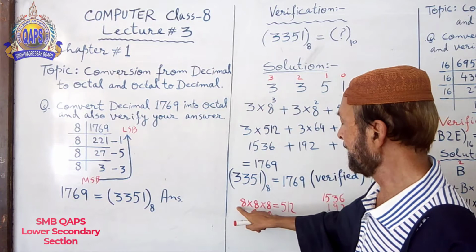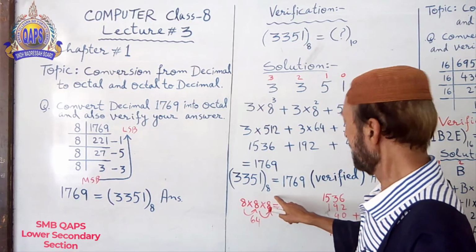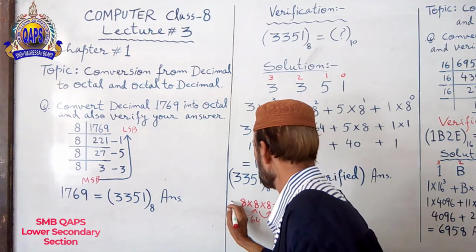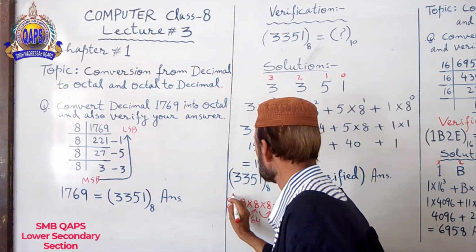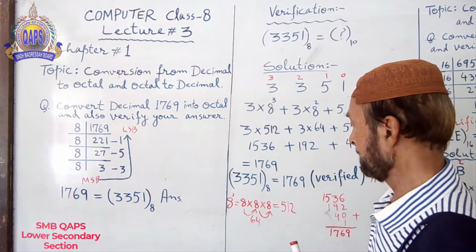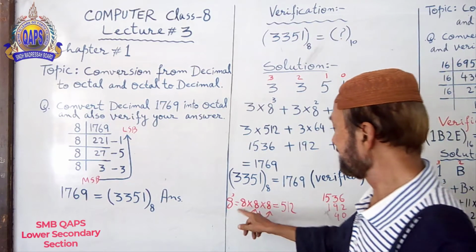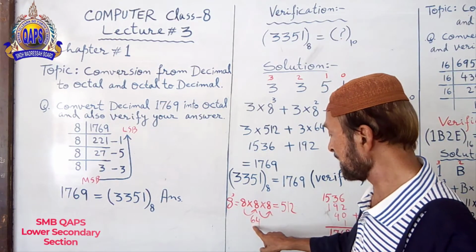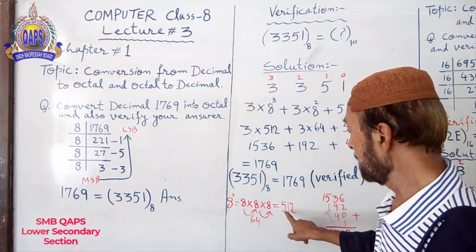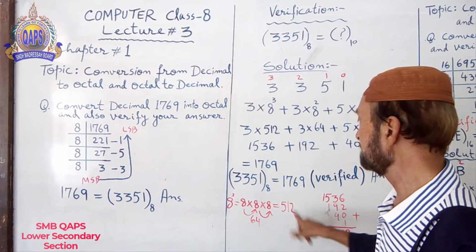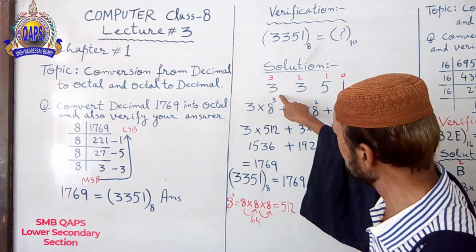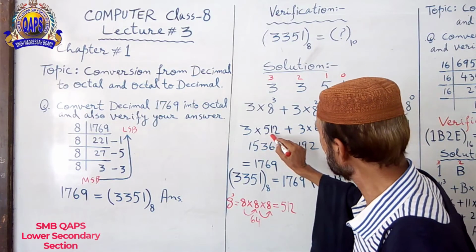Look, 8 into 8 into 8. This is 8 raised to the power 3. Now calculate. 8 8s are 64 and 64 8s are 512. So 8 raised to the power 3 will be 512.